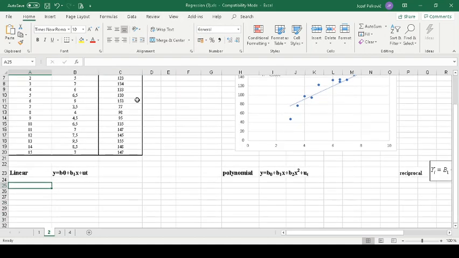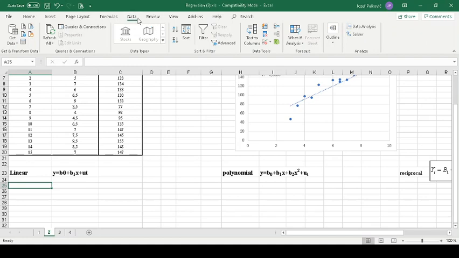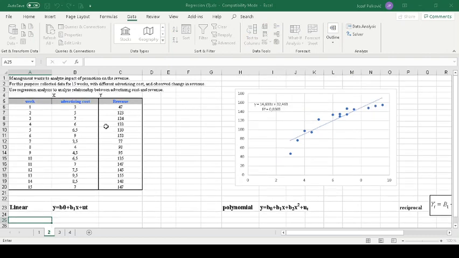Once again, if you would like to estimate regression parameters, select data, go to data analysis and select regression. The range of the dependent variable will be the range of revenue, and the range of the independent variable will be advertising cost.